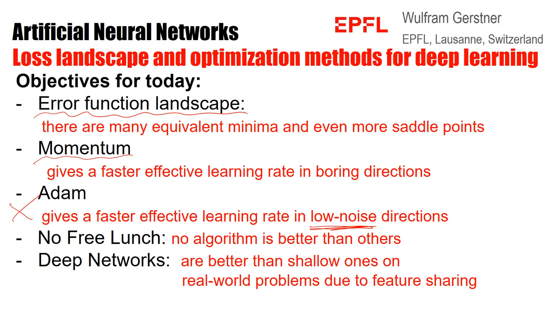And now we have the no free lunch theorem that says no algorithm is better than others. Nevertheless, deep networks perform well. They are better than shallow ones on real-world problems. This might be due to feature sharing or to other properties. In the specific example of images, the convolutional structure that guarantees translation invariance is super important.